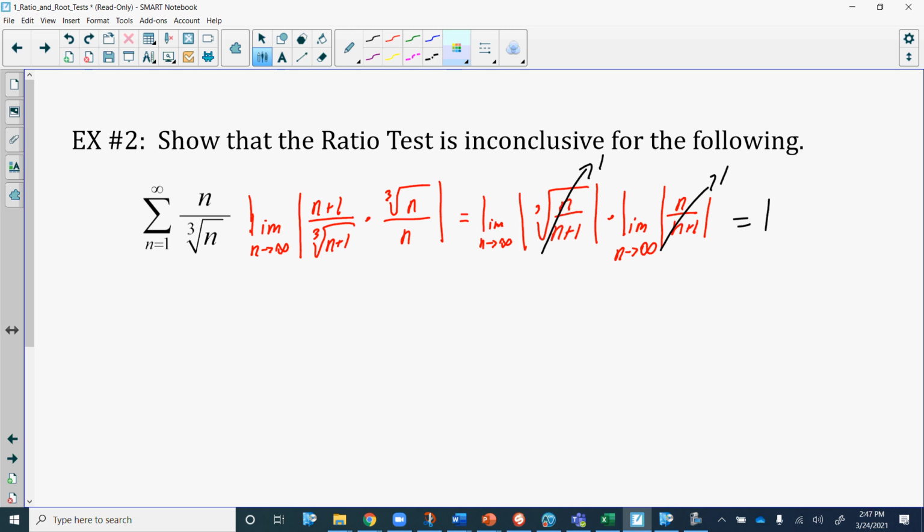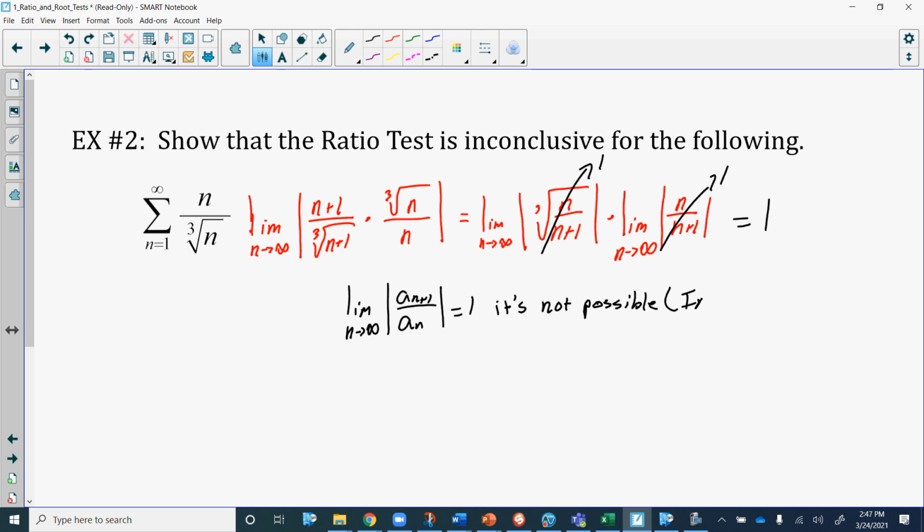And so in this case, because the limit as n approaches infinity of a sub n plus 1 over a sub n equals 1, it's not possible.